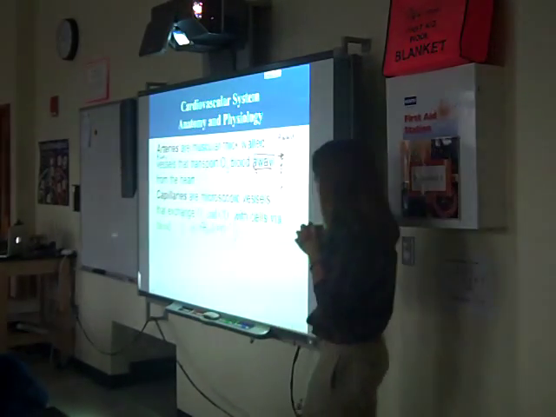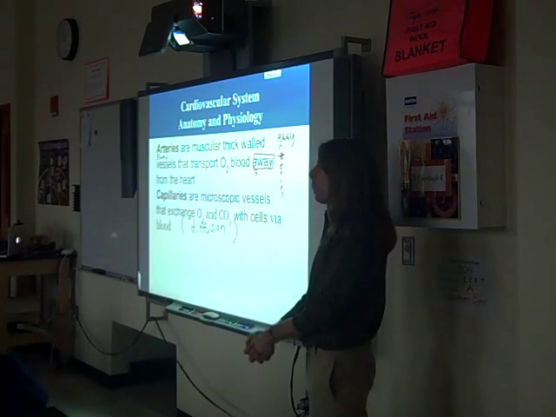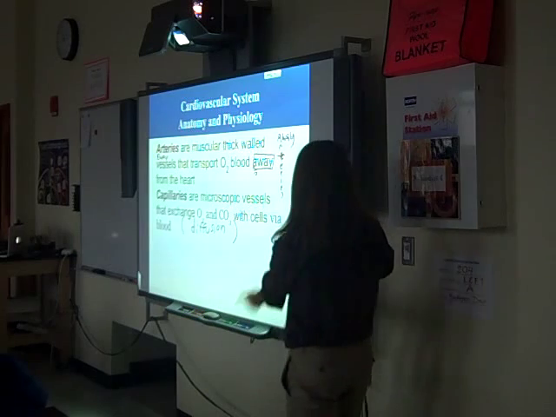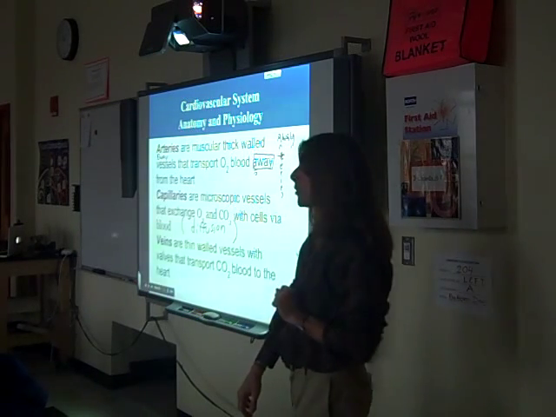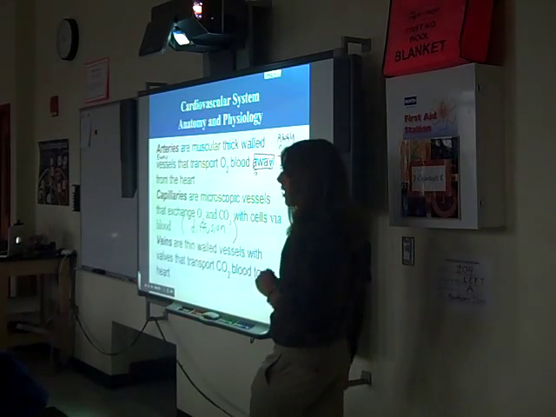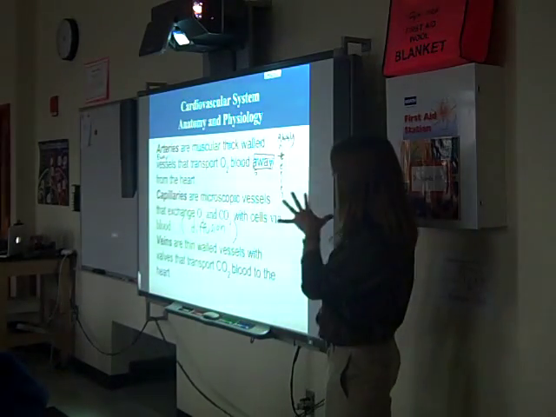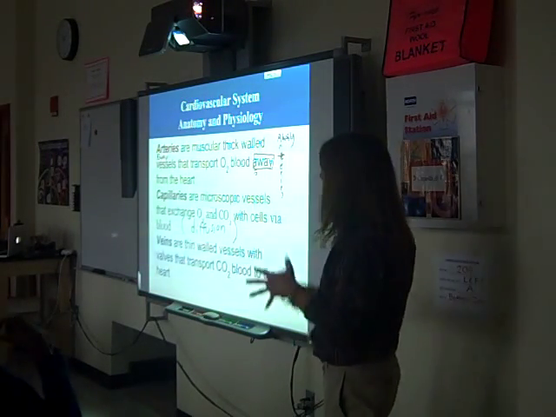All right, so is anyone feeling bold? I want someone to tell me what the next one is, see if they remember. Veins. Veins. All right, so in darker blue, in our dark blue pencil of our two blues, are our veins. Now, unlike our arteries, our veins are thin-walled.